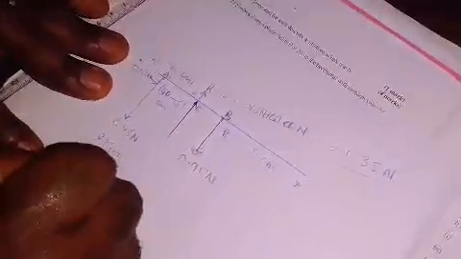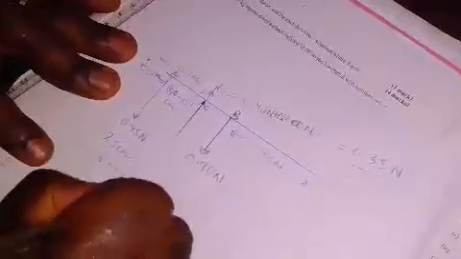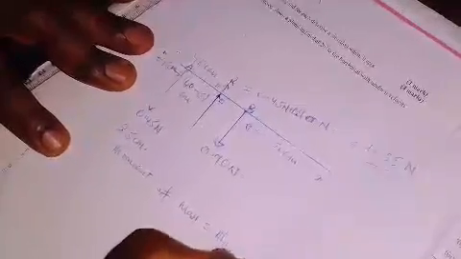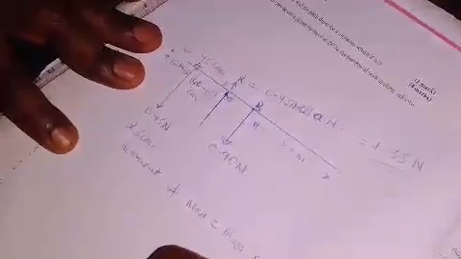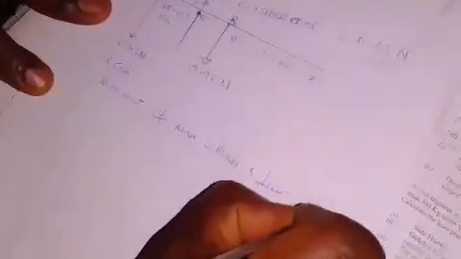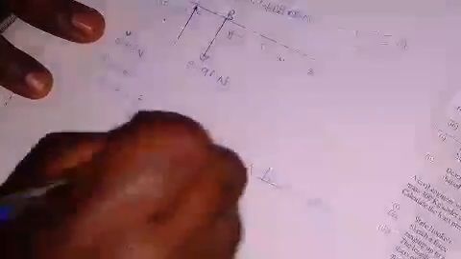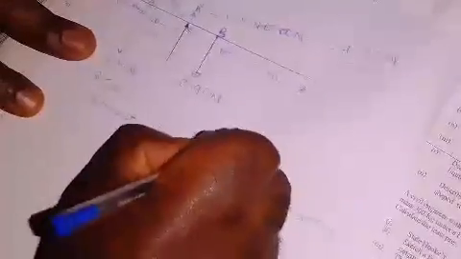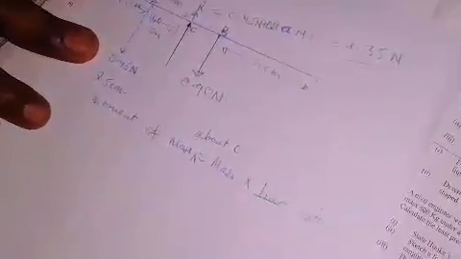Therefore, moment of mass will be equal to mass times perpendicular distance. This one should be about C, isn't it? Because C is the knife edge.